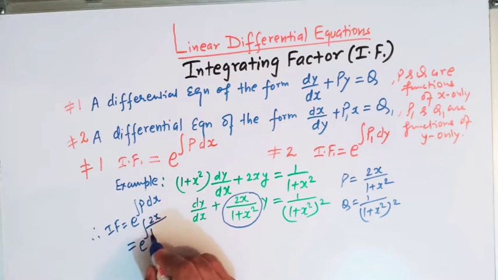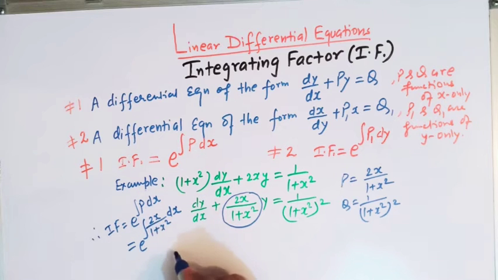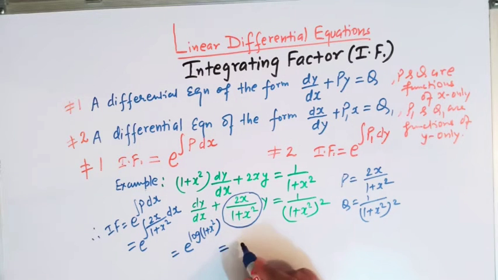We have 2x/(1 + x²) dx, and here we see that the derivative of 1 + x² is 2x, so this is e raised to log of (1 + x²), right? And this can be written as 1 + x².